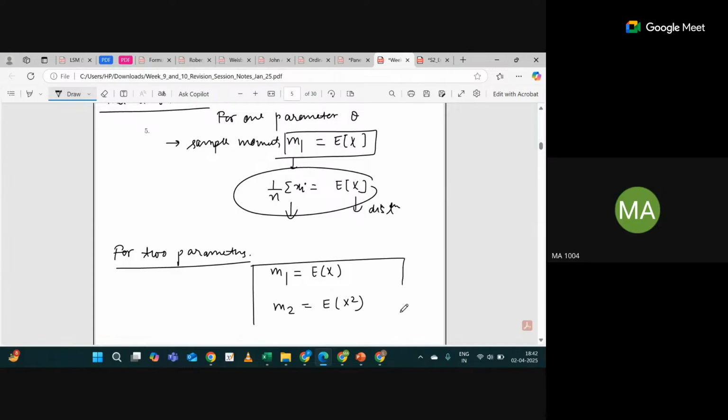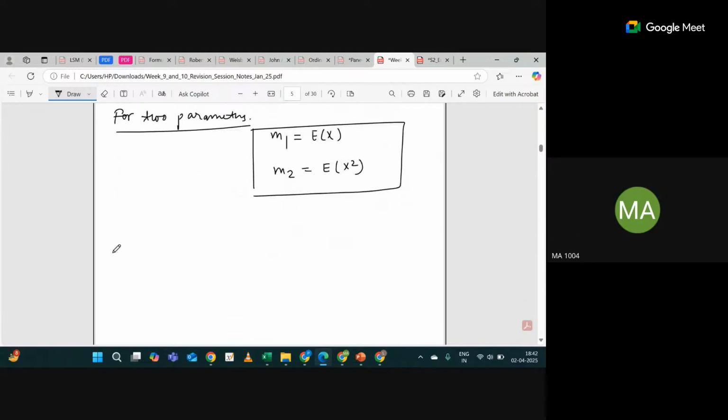By using these two equations, I will calculate the unknown parameters. Let me take one example, then I will move to the questions. Let's say x1, x2, and so on up to xn are IID.